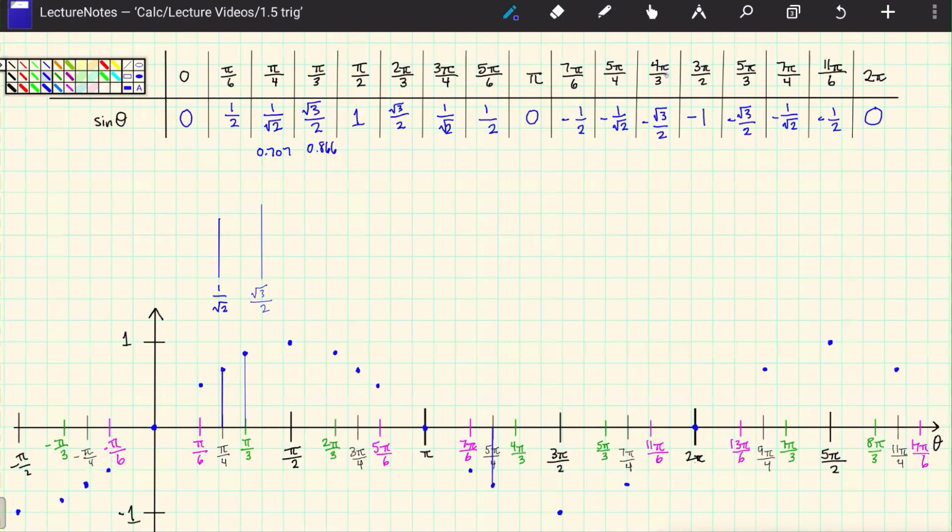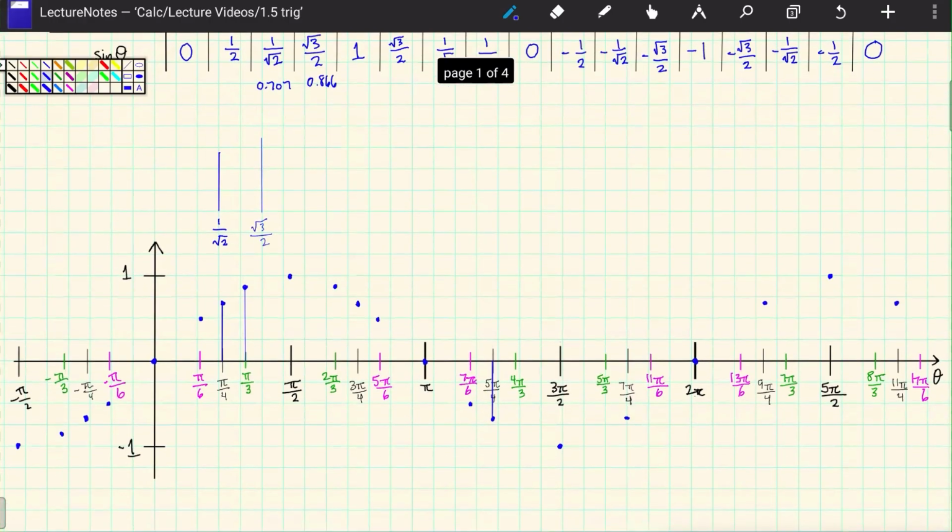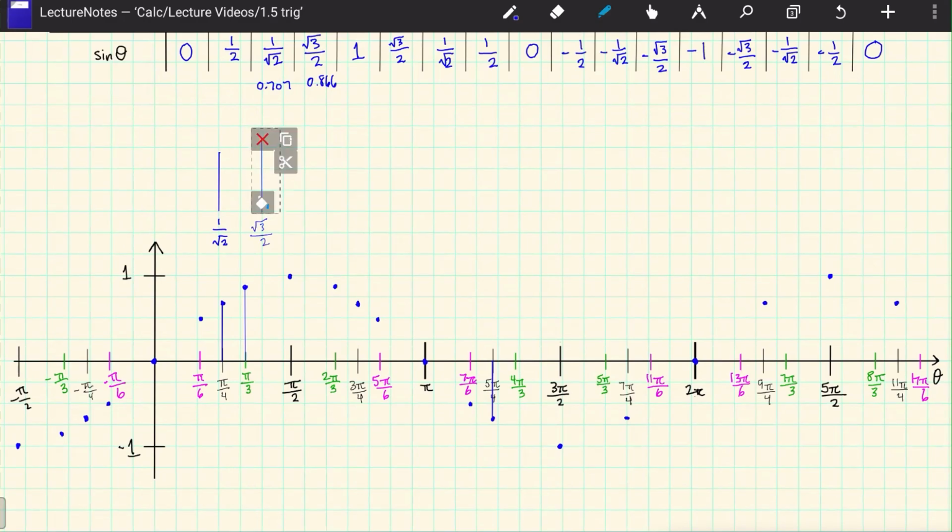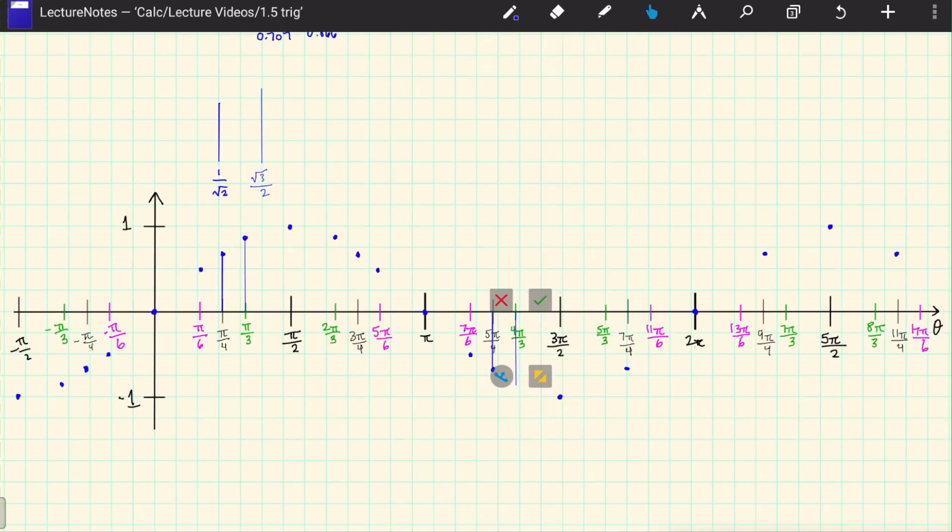Sine of 4 pi over 3 is negative √3/2. I'm going to go ahead and just copy that length again, and it's a negative y-coordinate there. 5 pi over 3, y-coordinate is again negative √3/2. Sine of 11 pi over 6 is negative 1/2.